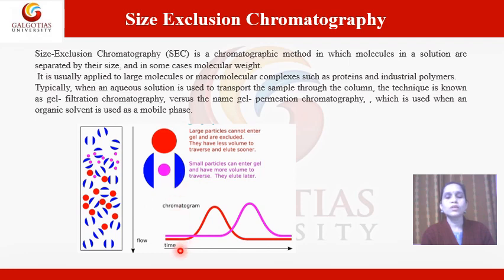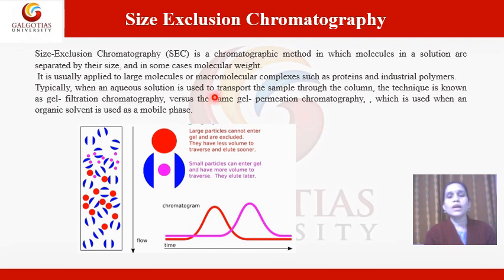Here you see the graph. This chromatogram corresponds to larger size and this chromatogram corresponds to smaller size particles. So the smaller size particles will move faster and the large size particles will move slower. This principle is usually applied to large molecules or macromolecular complexes such as proteins and polymers.